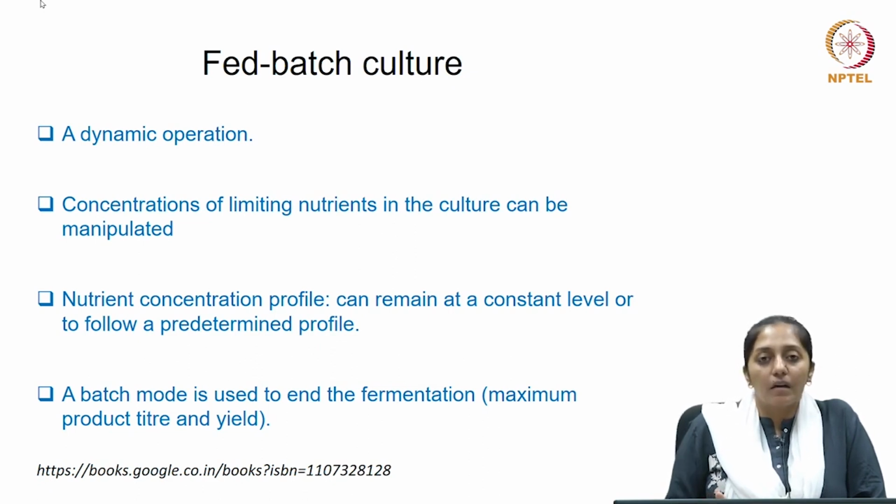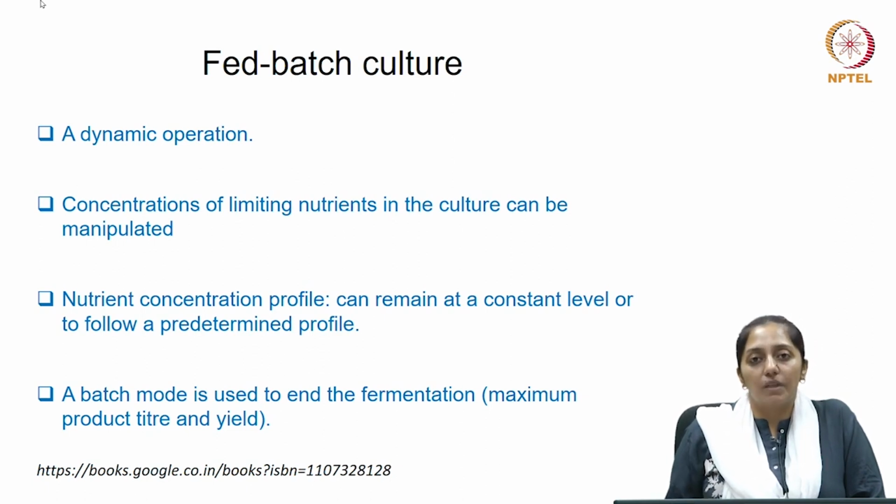Sometimes, if it is pulse feeding, then after the maximum volume has been reached, one can even continue to run the reactor as a batch in order to ensure that any residual nutrient from the inlet feed remaining inside the reactor also gets utilized.